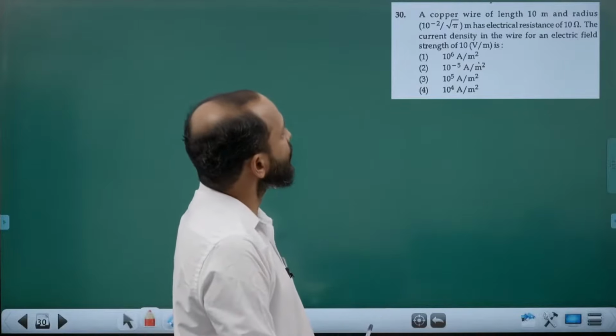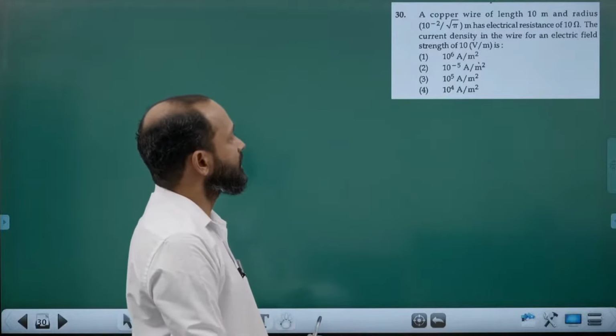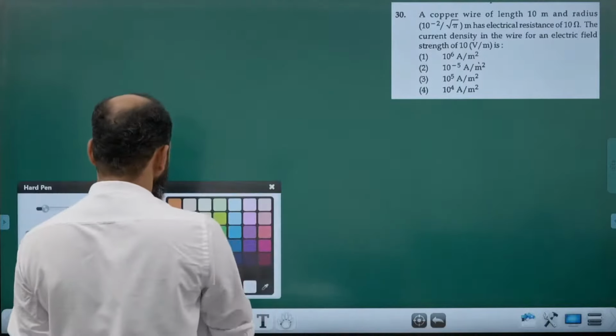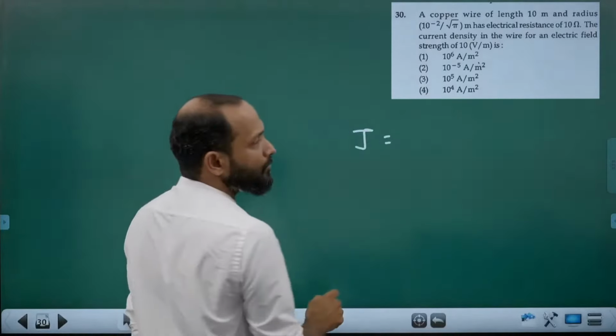30. Copper wire, length given 10 meter, radius 10 power minus 2 divided by root pi meter, electrical resistance 10 ohm. Current density in the wire for electric field strength 10 volt per meter: the formula used for finding current density is Ohm's law in vector form.